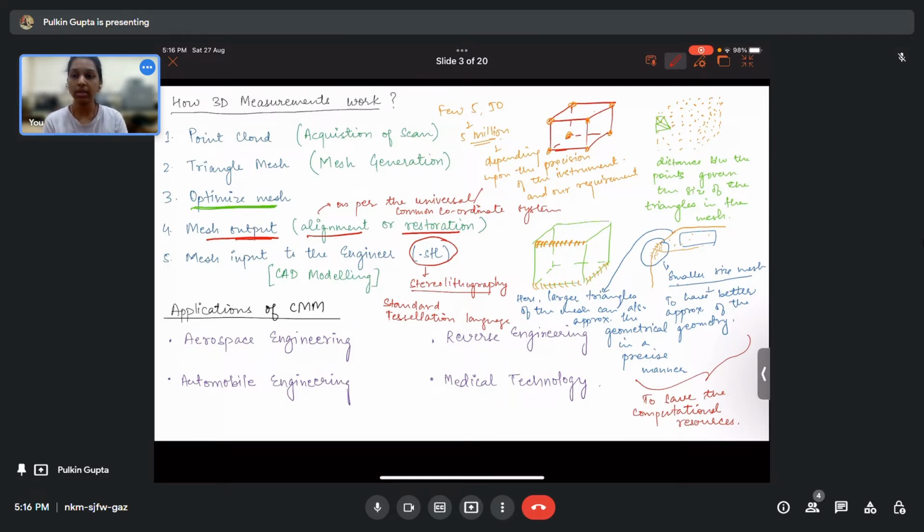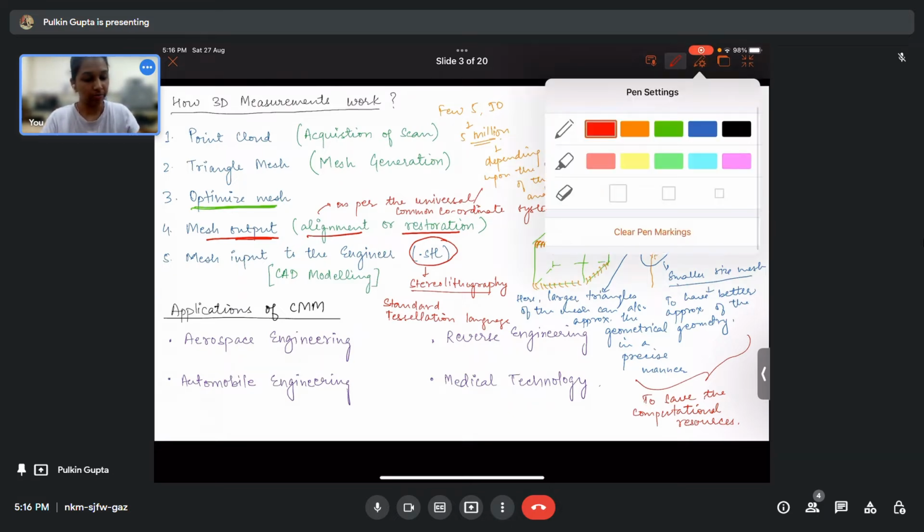This is basically a format that is used universally in CAD modeling and rapid manufacturing, wherein you tessellate your geometry using small triangles. These triangles have actually helped you in generating the surfaces of the geometry.